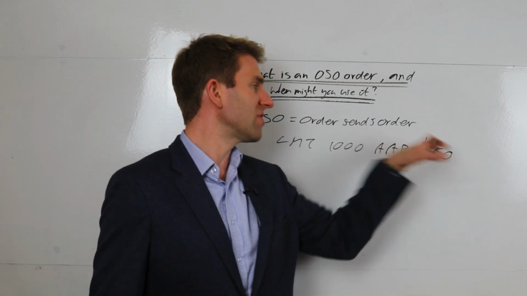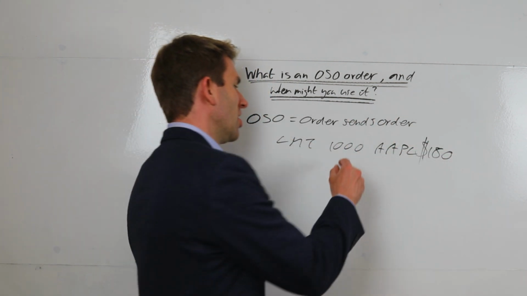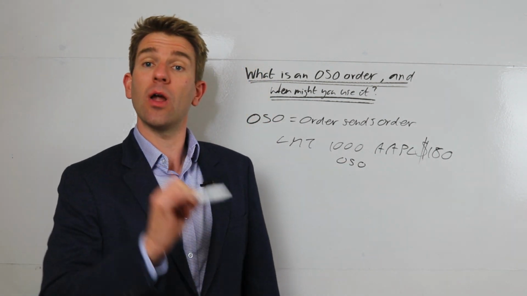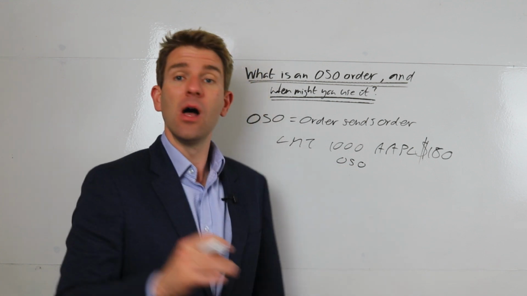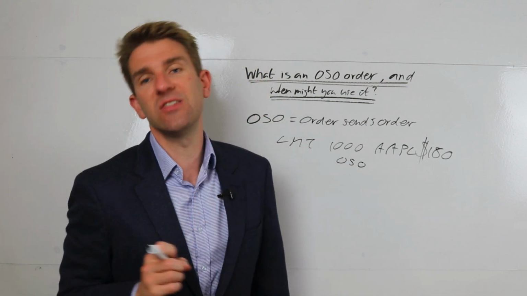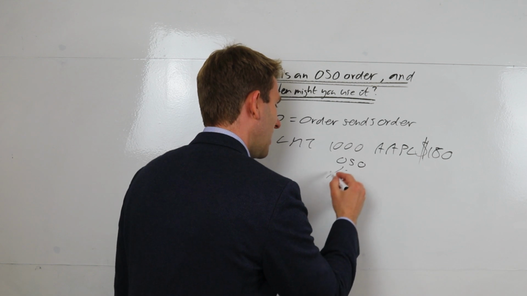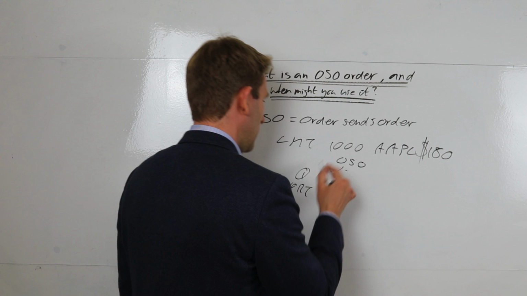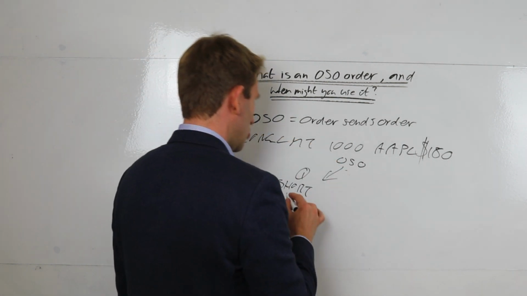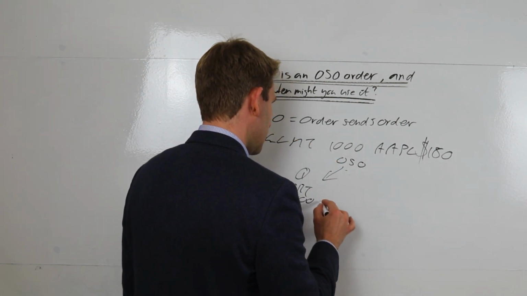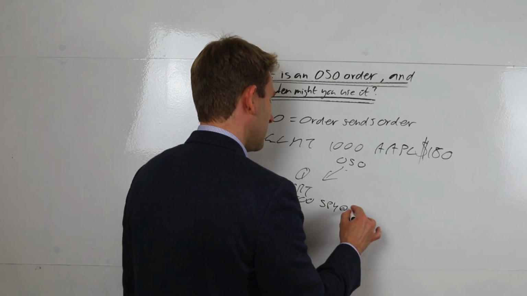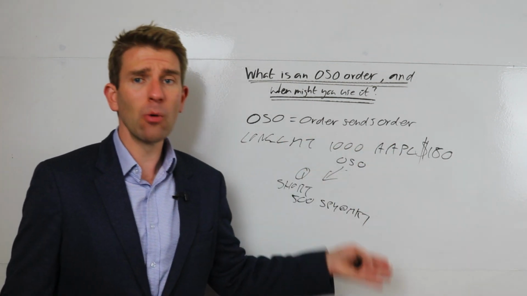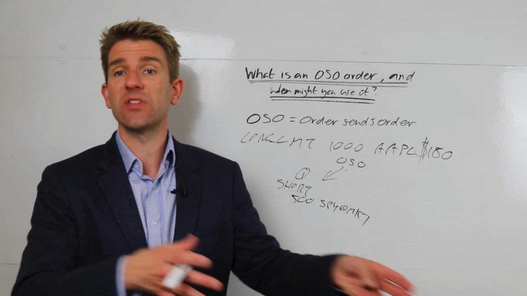The point is, there's your limit order, it's sitting there, and you attach an OSO order that basically says, okay, if I go long Apple, I want to short some Spiders ETF, for example. So your OSO order, you might attach to it one order that says, okay, I want to go short. We should say that's a long limit as well. So you want to go short, and let's say you want to go 500 shares of Spiders at the market, right? So that would be basically saying, okay, if I get my long fill on Apple, I want to short some SPY as a bit of a hedge, and that would be some kind of plan you've got.